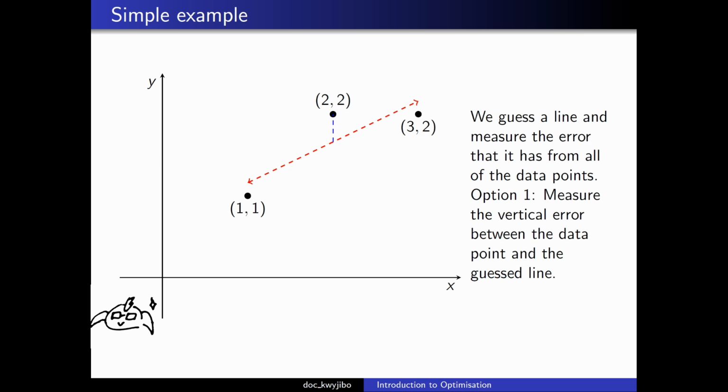The first is measuring the vertical error from our data point to the line we're estimating. This is particularly good because it's fairly simple to measure. We know our y data point, in this case for our sample is 2, and we can substitute x equals 2 into this line once we know that m and c value to work out this point, and then we can take the difference.